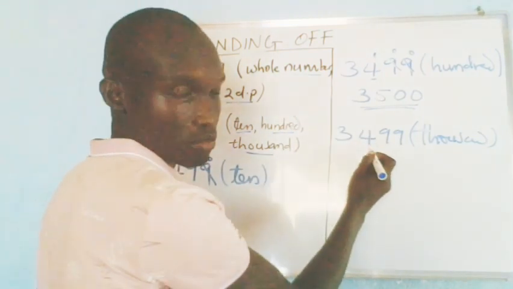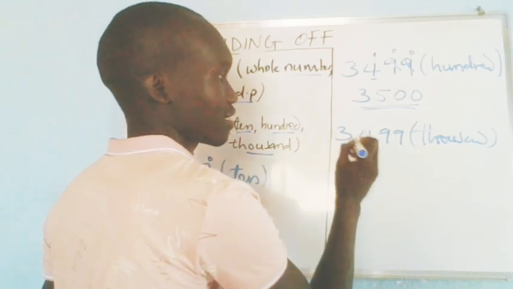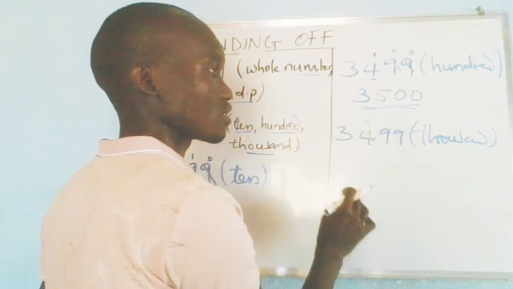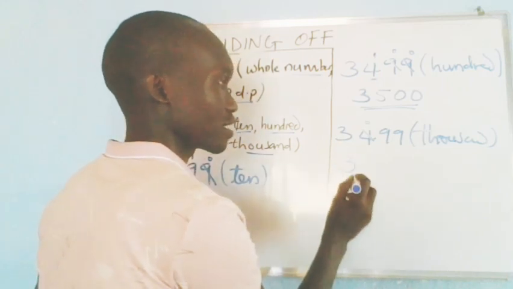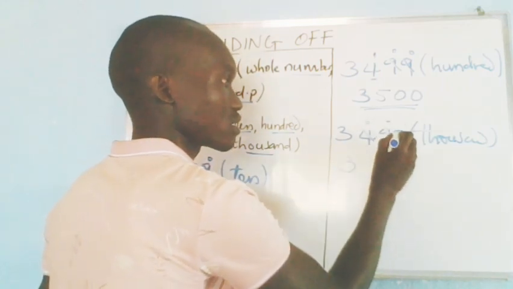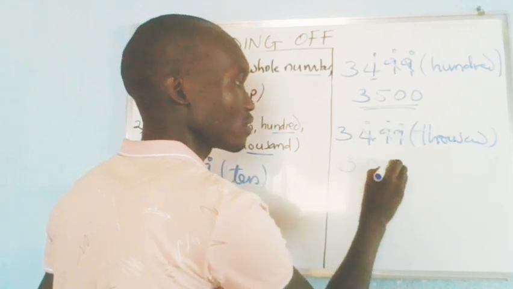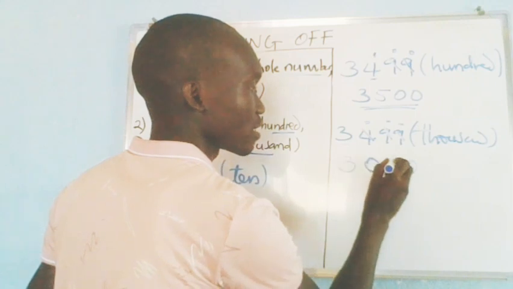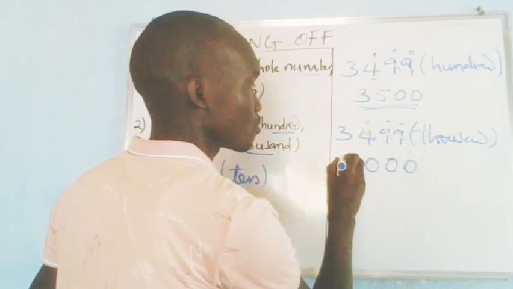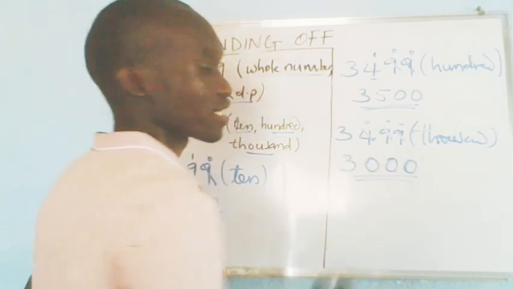In this case, 4 is below 5, so we don't add anything. This time you don't add anything here. So 3 remains just the way it is. Then you include all these zeros here, 0, 0, 0. So in that case, rounded off to 1000 will be 3000.